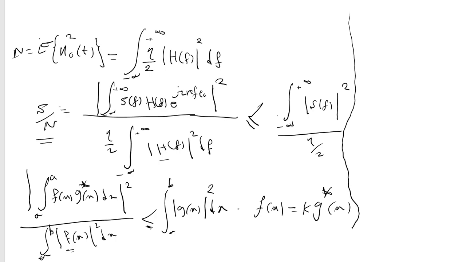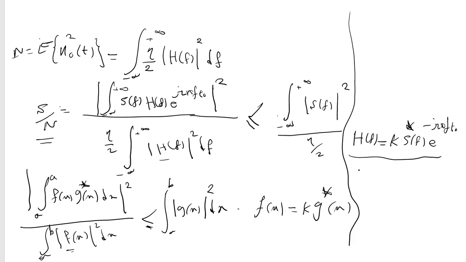So for reaching the maximum, F should be a constant times S conjugate of f, e to the minus j 2 pi f t0.